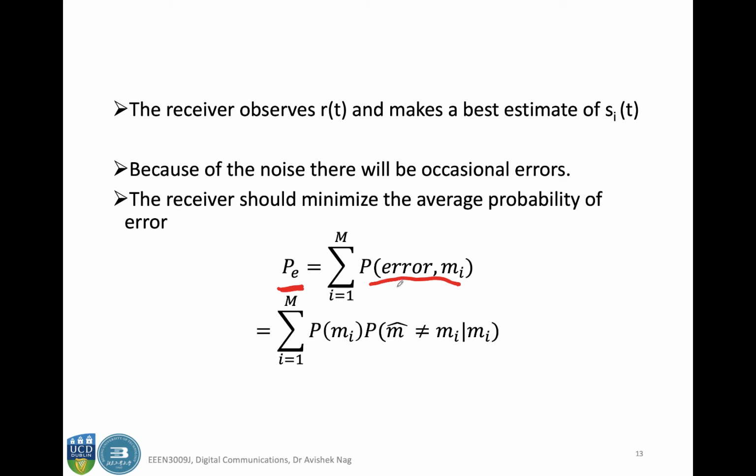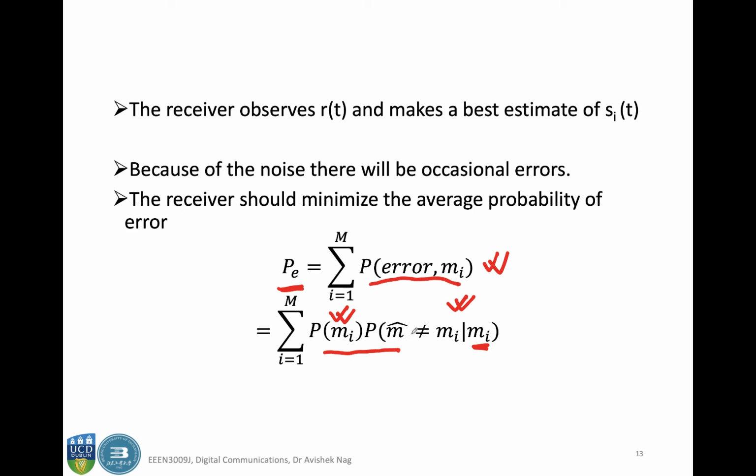And this expression, if you apply Bayes rule as you learned in probability theory, can be written as a product of two probabilities. The first one is the a priori probability of the transmitted symbols, so probability of m_i, and the next term is the conditional probability that, given m_i is transmitted, what is the chance that you are making a mistake in estimating m_i.